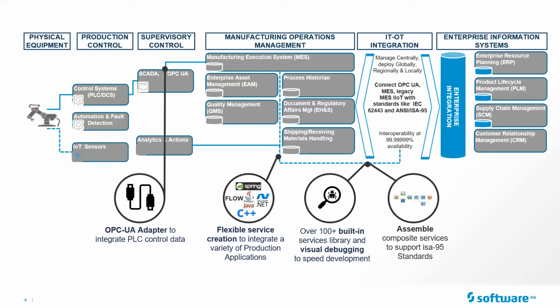And lastly, be able to support standards like ISA 95, which means you don't need a rigorous standard template, because not many companies put ISA 95 into their environment directly without making some changes. But you want to be able to create composite services that can be quickly assembled and reused.